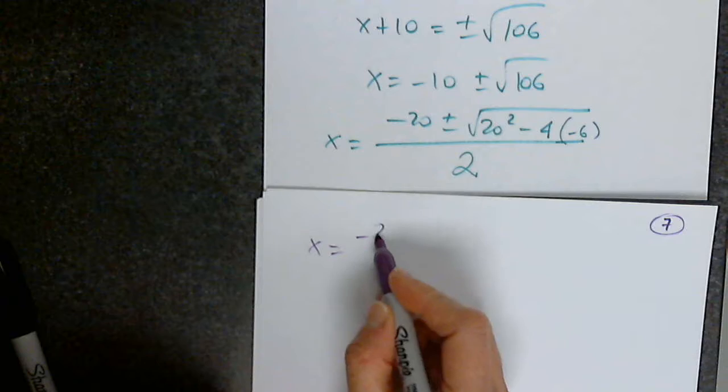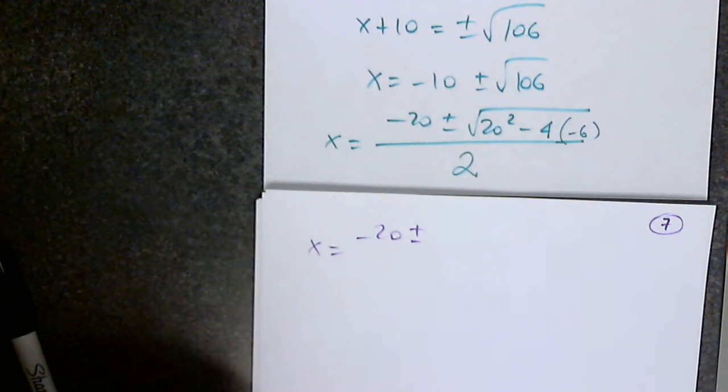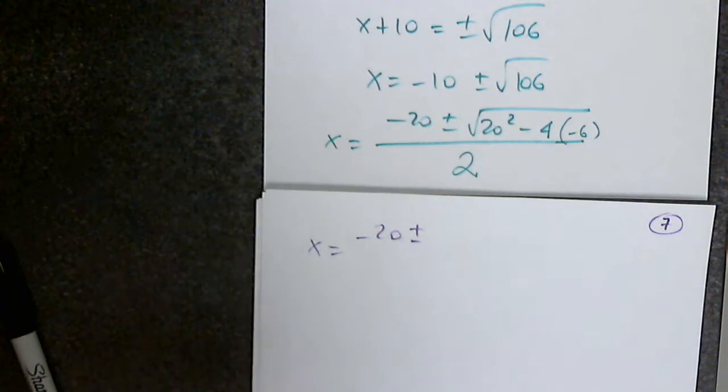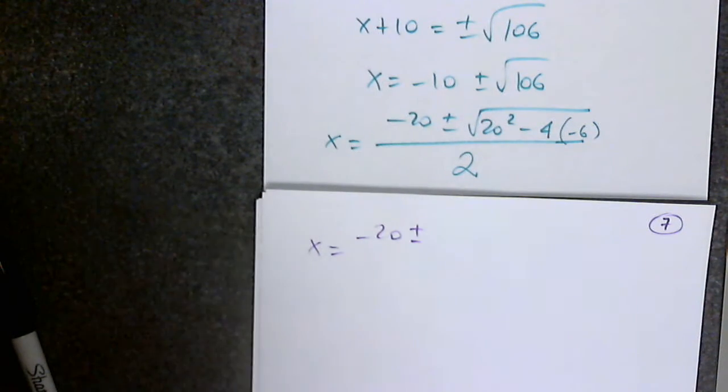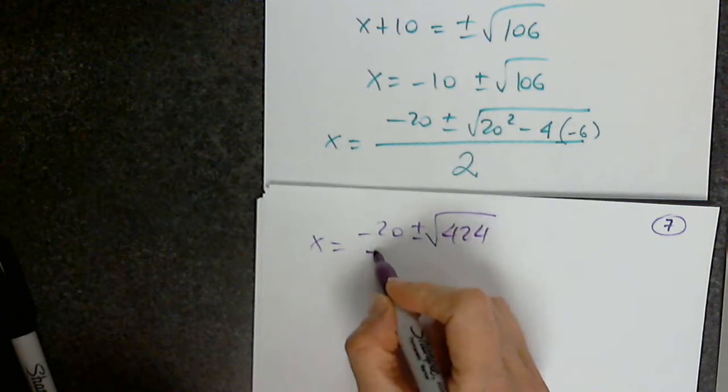So x equals negative 20 plus or minus. So this is 400, right? 400 plus 24, 424, divided by 2.